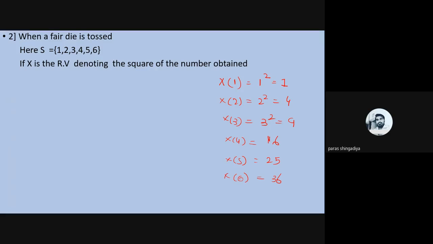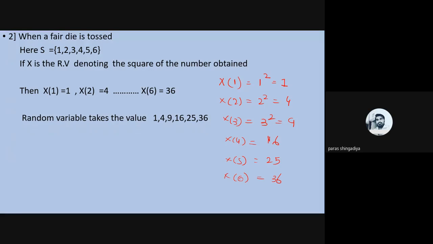So it is a sample space, and sample space here is 1 2 3 4 5 6, okay, so here x can take the value 1 4 9 16 25 and 36, okay, random variable takes the value 1 4 9 16 25 and 36, okay, this is the second example of the random variable. It is one of the experiments, okay, and then after identifying possible outcomes, that will be your sample space, and then after defining x, okay, it is a real valued function.